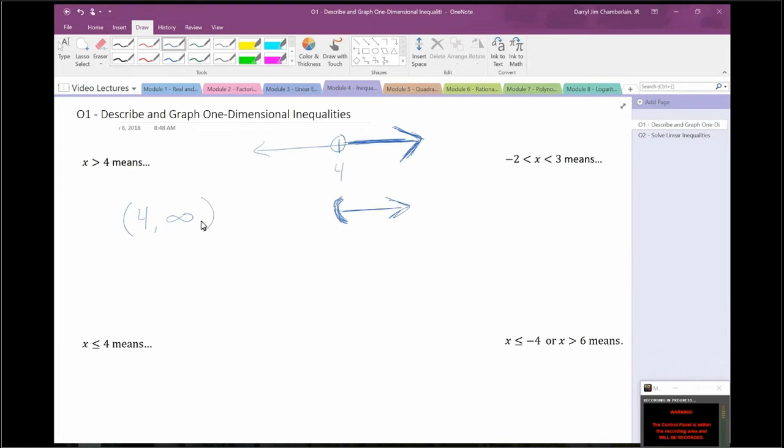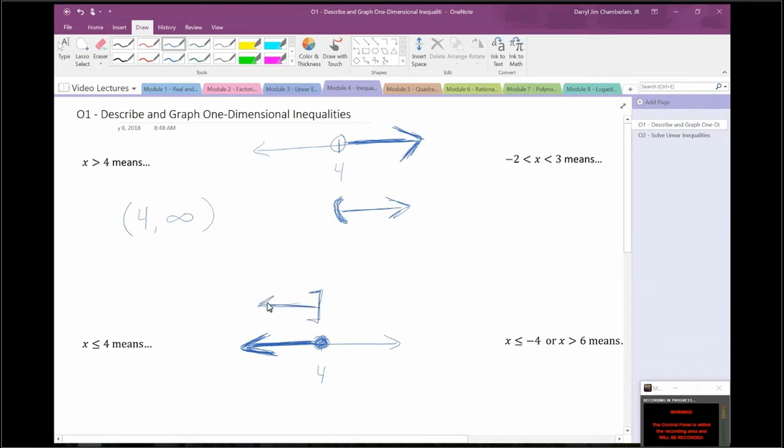So, in contrast, if I want to say all of the numbers that are less than and including 4, that would be all of the numbers on the left of 4. And to show that I'm including 4, I would have a closed circle. Or I could have a bracket.